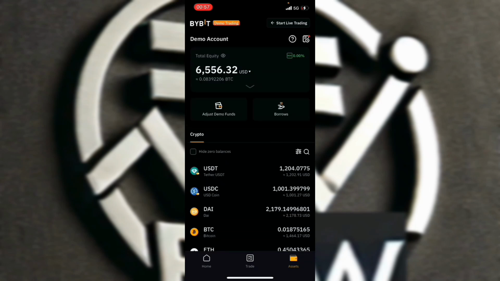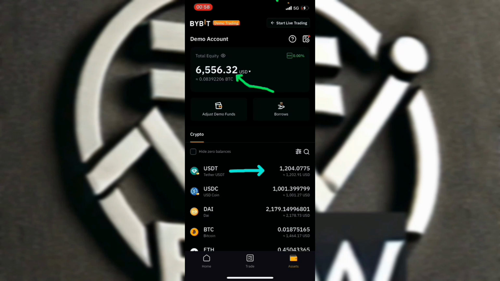So guys, you can see that my total account balance on my demo account is 6,556.32 USD. Then my account balance on my USDT side is $1,204.07.